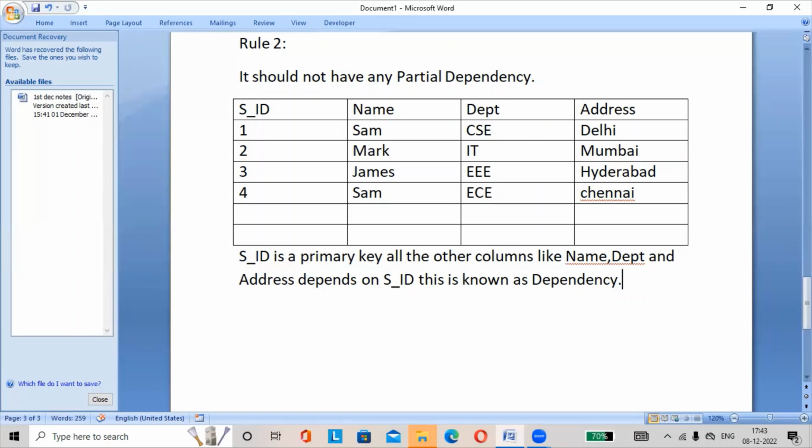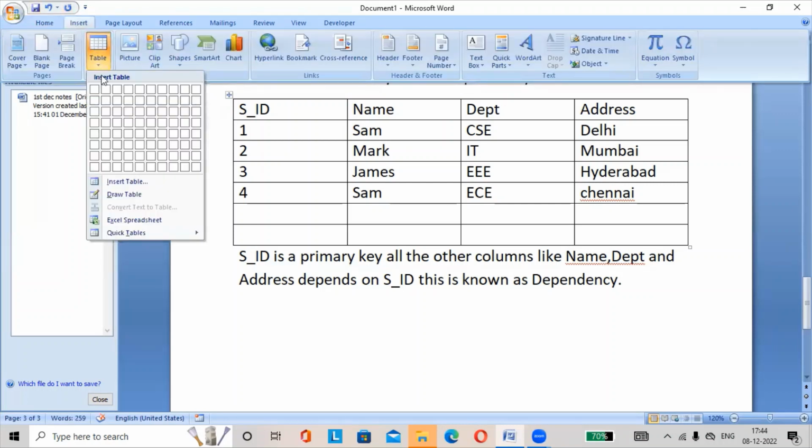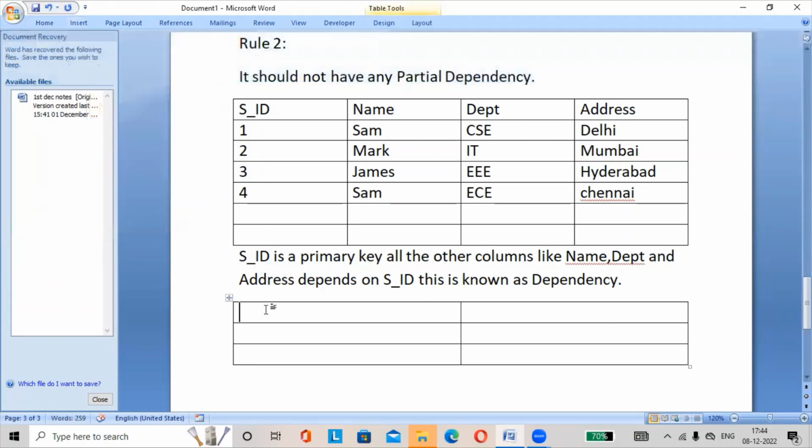One more table we will consider, by the name course table. Course table: course ID, course name.